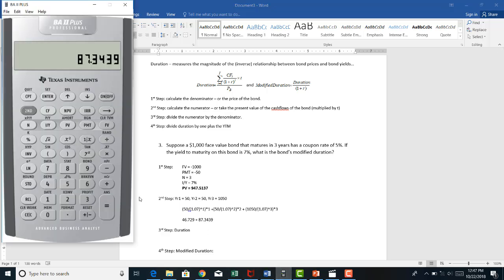Okay. So I've done this now twice. I've got to do this a third time for the third and final cash flow. I'm going to say 1.07 raised to the power of 3 equals 1.225. I'm going to take 1,050, that's the $1,000 face value plus the $50 coupon in year 3.